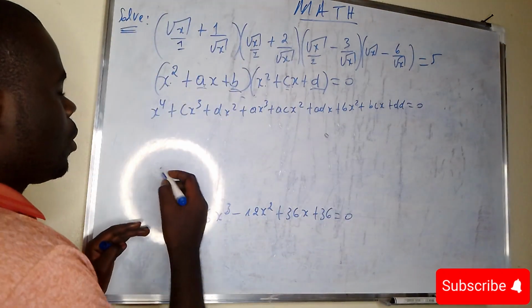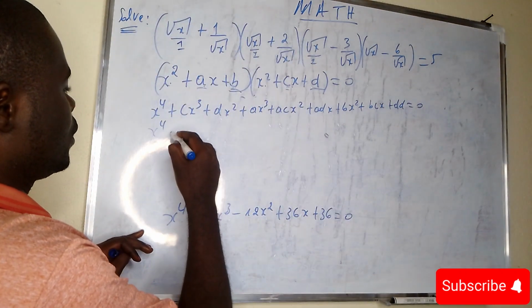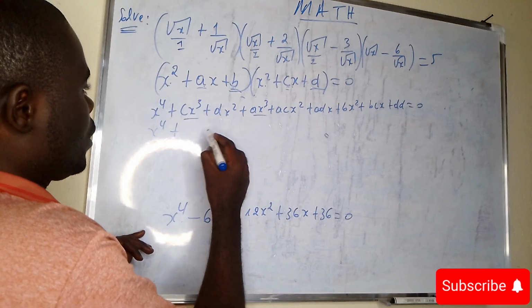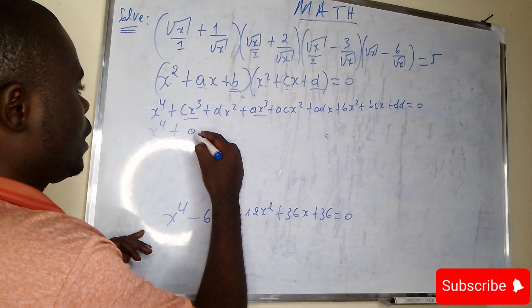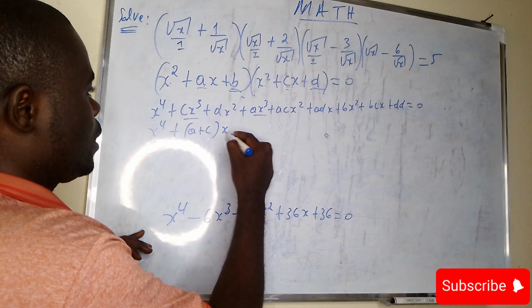Okay, now when we combine like terms, this one and this one are with x cubed, so we write a plus c, x cubed.